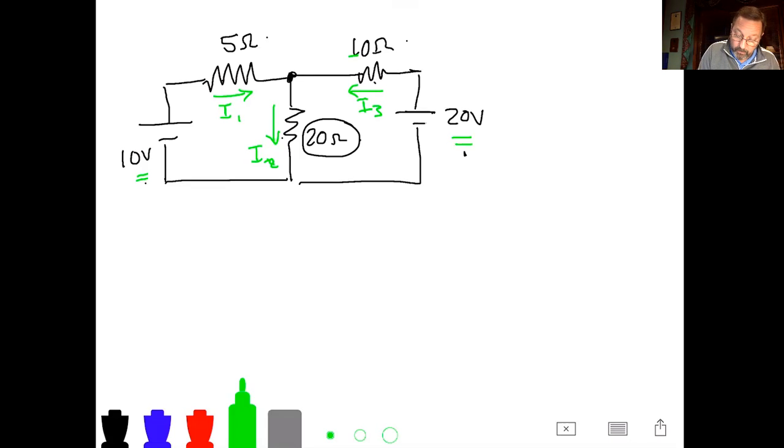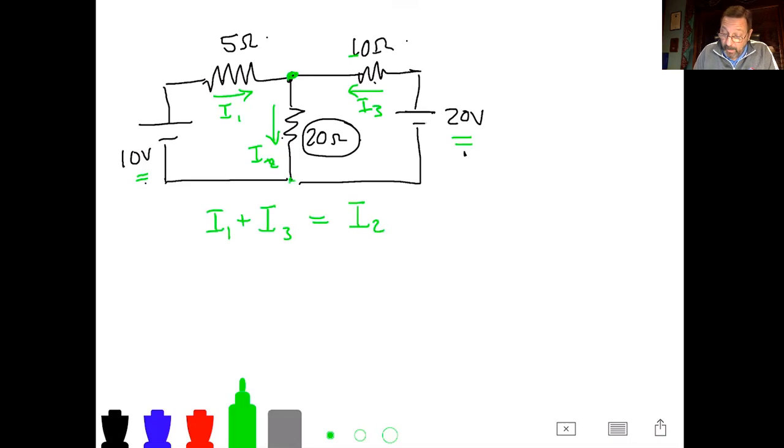And I'm going to start with this junction right here up at the top. And what currents are going into that junction? Well, it looks to me like I1 and I3 are coming into the junction, and leaving the junction is I2. Good to go on that? The current going in has to be equal to the current going out of a junction.